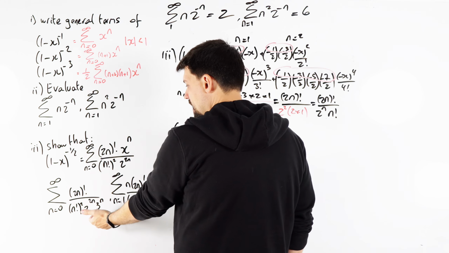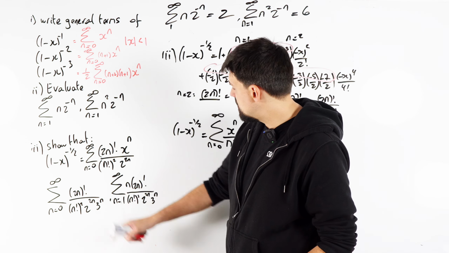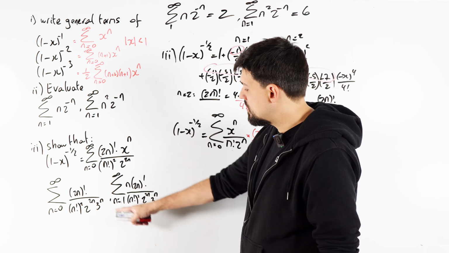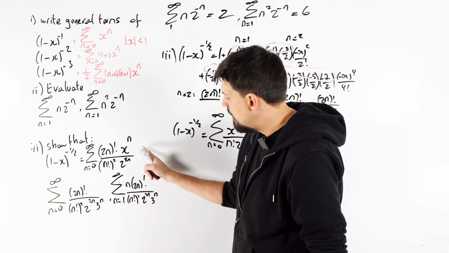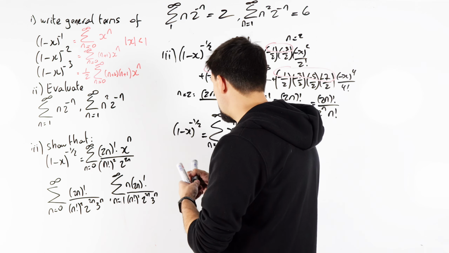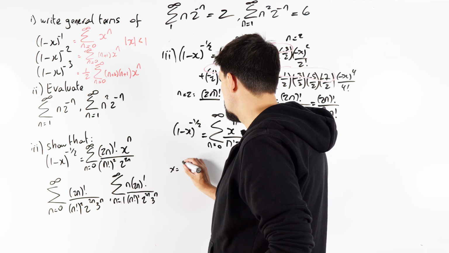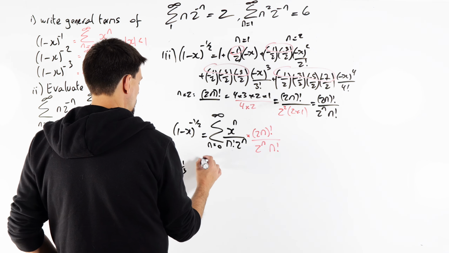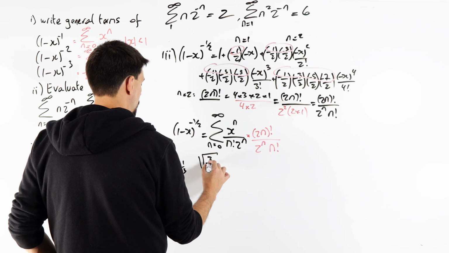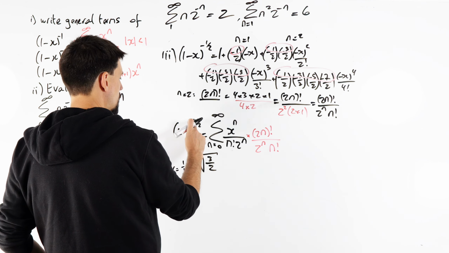Okay, well let's have a look here. What does that mean for this sum? Well, quite obviously, the only thing that's missing is that 3 to the n. So we are just plugging in x is a third. If x is a third, I get square root of 3 over 2. 1 minus a third is 2/3.